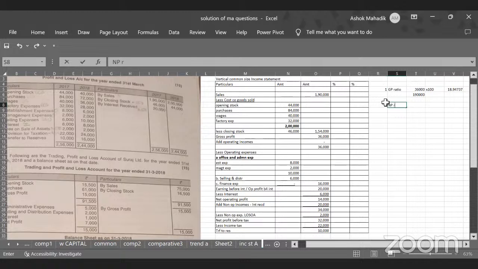In the second formula, net profit ratio. What is the formula for net profit ratio? Net profit after tax upon net sales into 100. I have given all the formulas. CRs can put the formulas on the book if they want to provide, or any student can use it. The formula is net profit after tax upon net sales into 100.